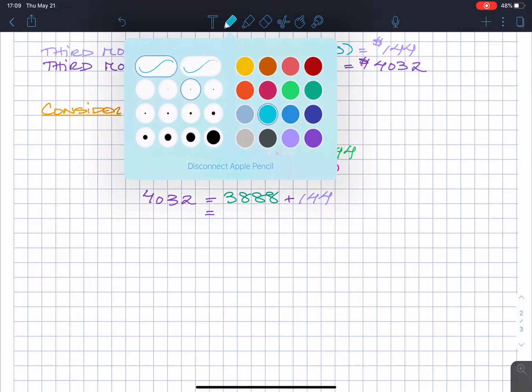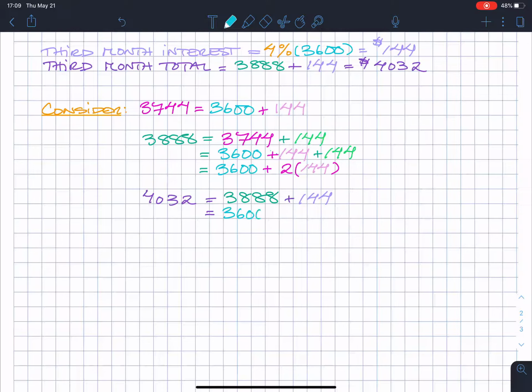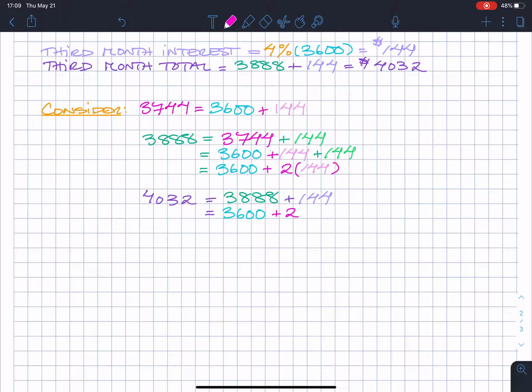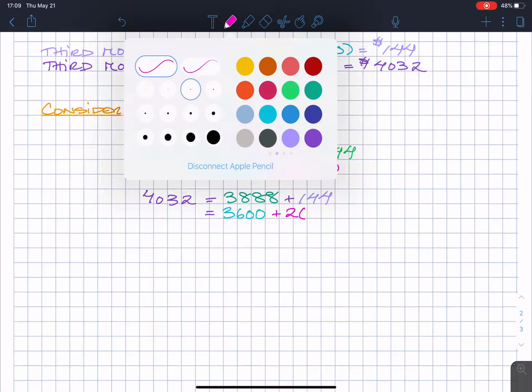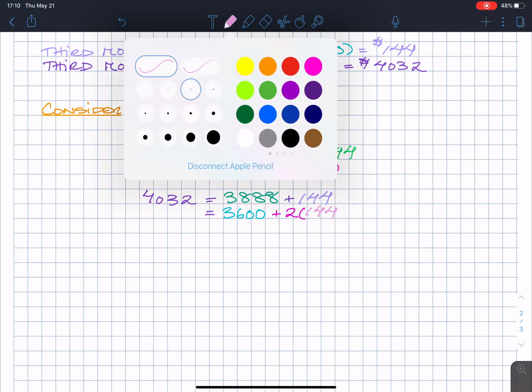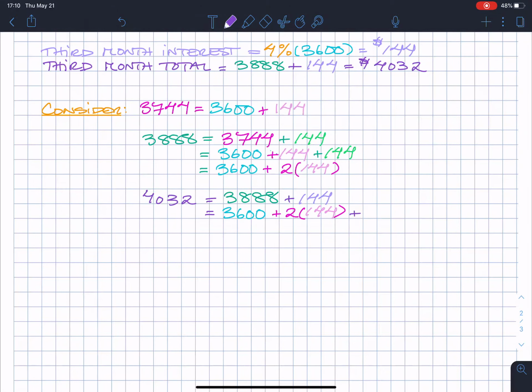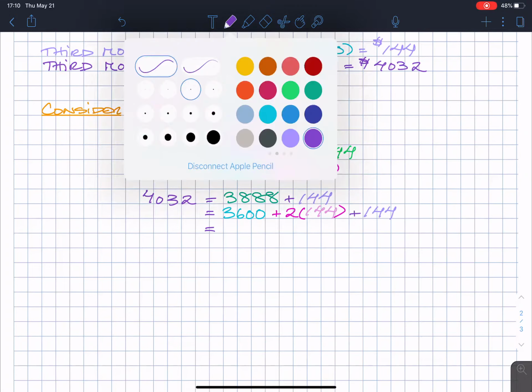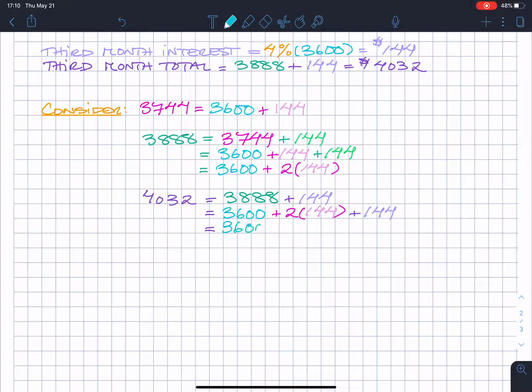It's $3,600 plus 2 144s. And to that, I'm adding a final 144. So it looks like I have 3 144s. So this is 3,600, to which I'm adding now 3 144s.